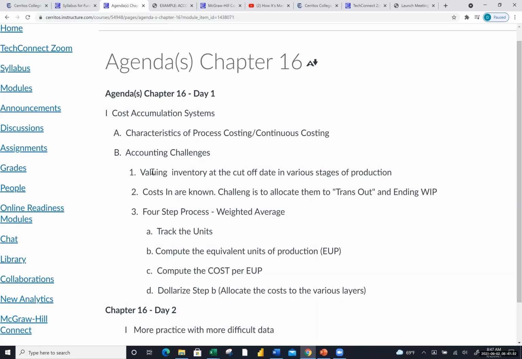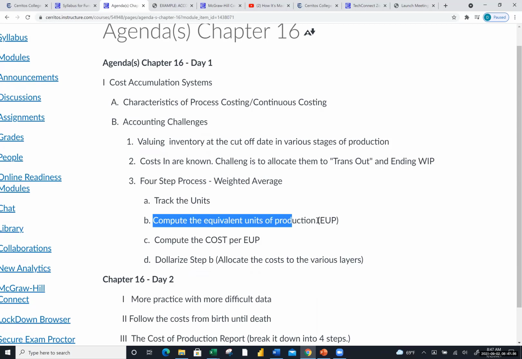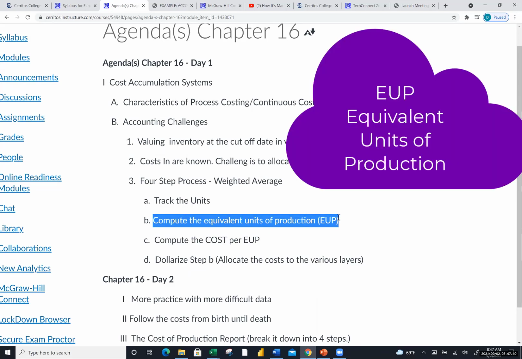Let's see. We're going to go through these 4 steps. The key to understanding process costing is this major concept that we're going to hit hard today called the equivalent units of production.